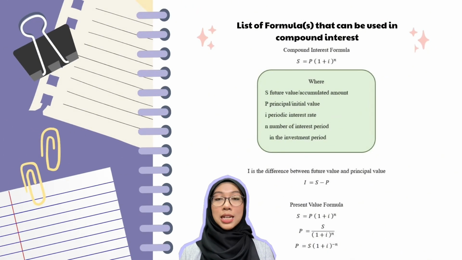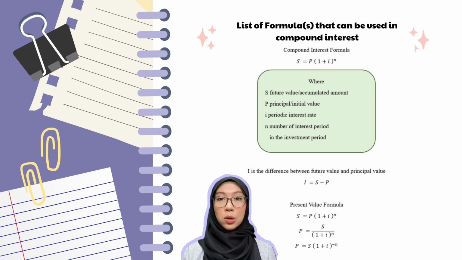In compound interest, S stands for future value or accumulated amount. P stands for principal or initial value, i stands for periodic interest rate, and n stands for number of interest periods in the investment period. To find S, the future value, you can use the formula S = P(1 + i)^n. The same formula is used to find P, but make P the subject and the power of n will be negative.